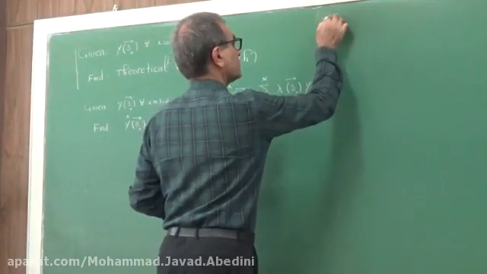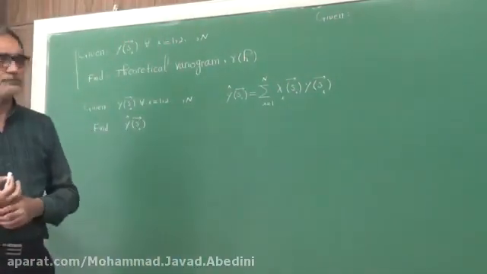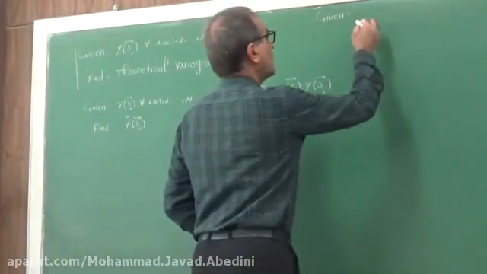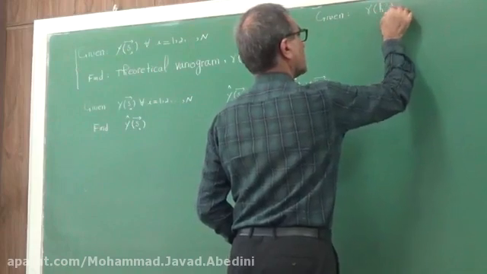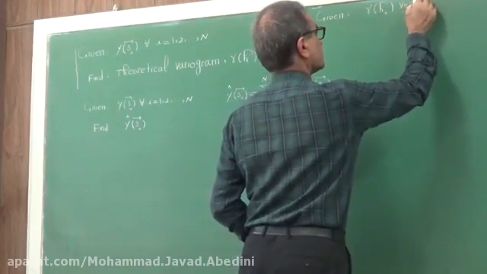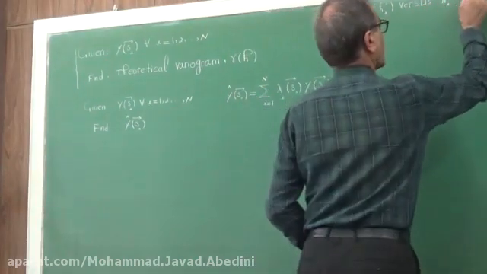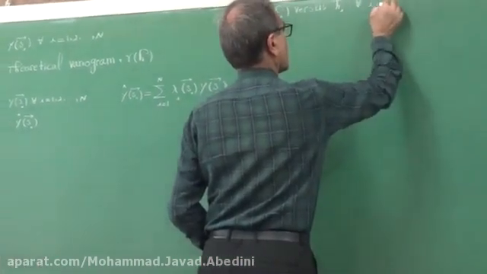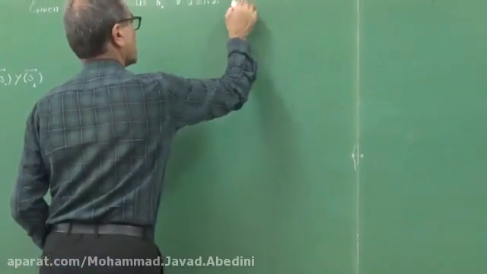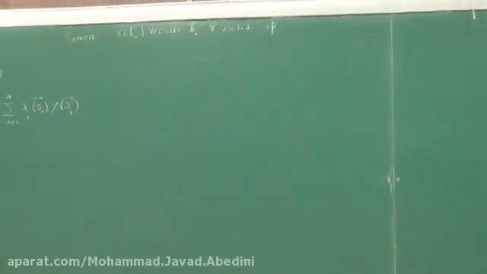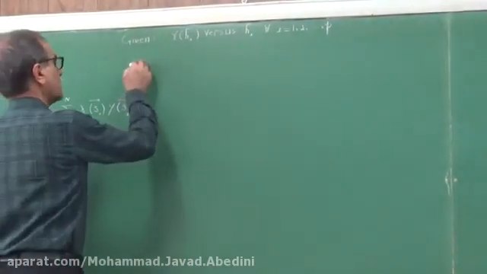Given gamma(h_i) versus h_i for i from, say, 1 to p, find the theoretical variogram.